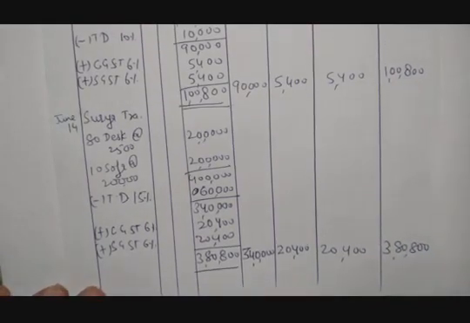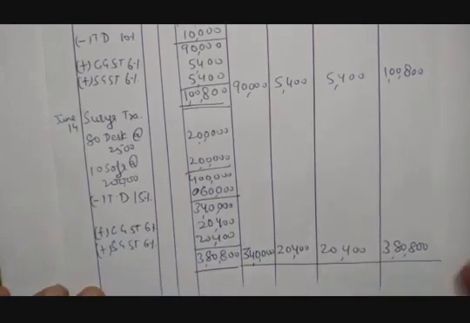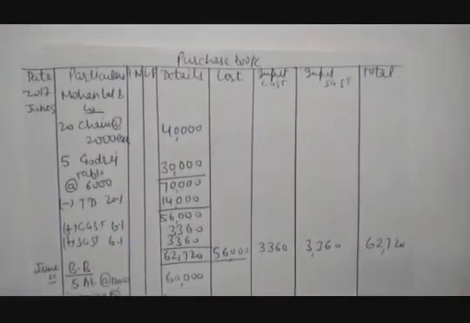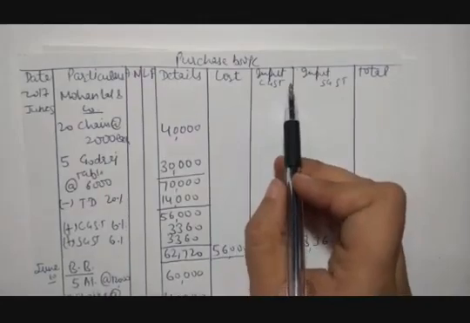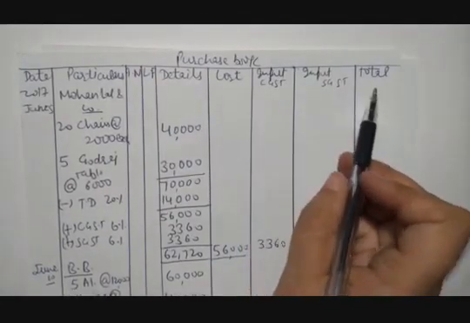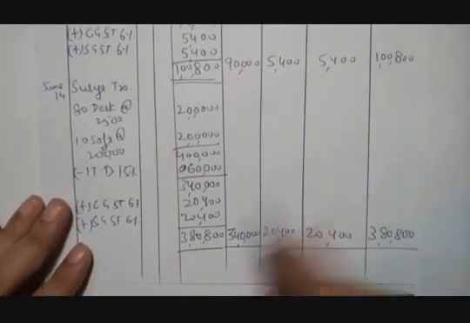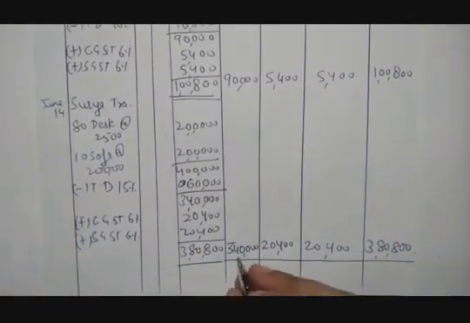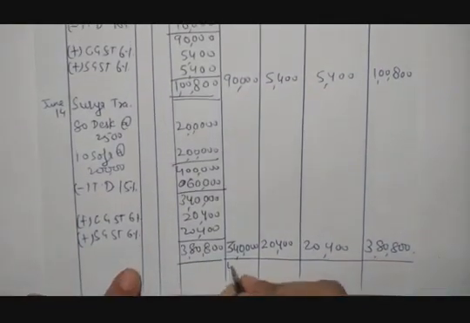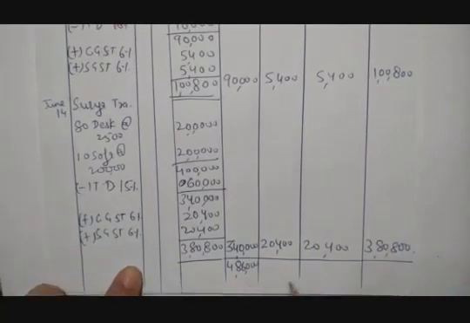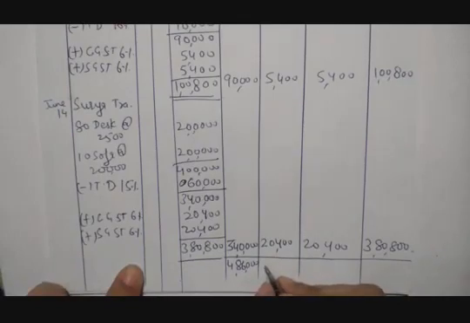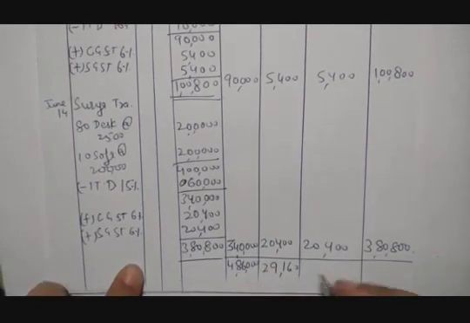Now we will total all the columns like we have done here. See here. Cost column, input CGST column, input SGST column and total column as well. Let's see. We will have to total it up. It will be 4,86,000. When we will add this CGST column, it will be 29,160.